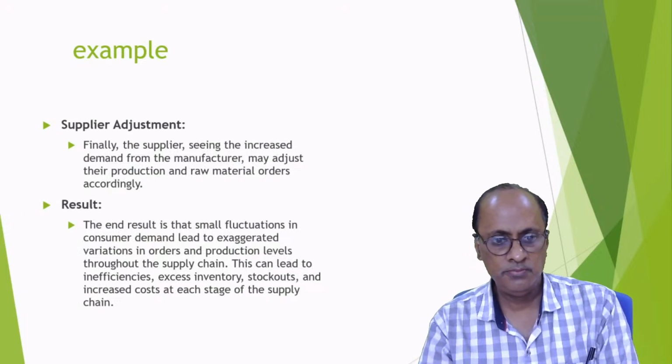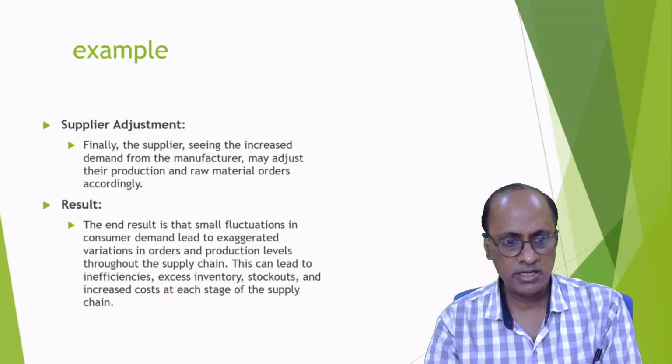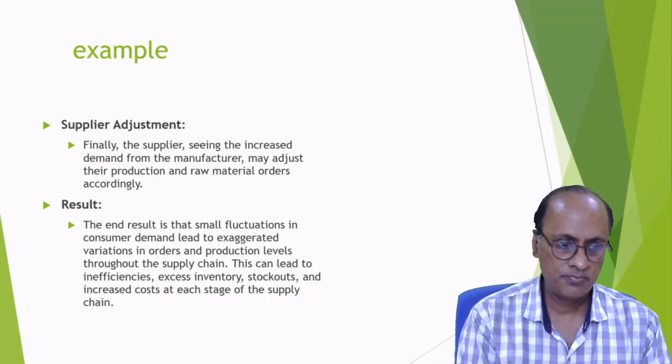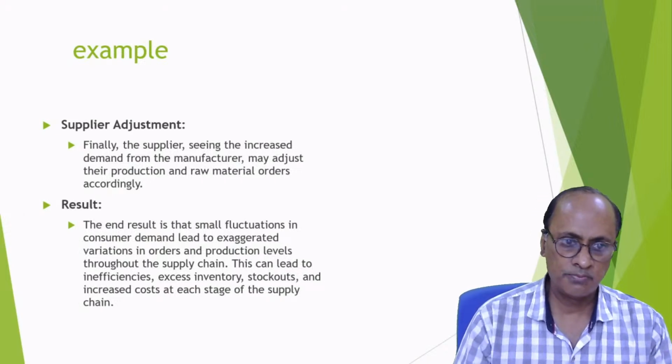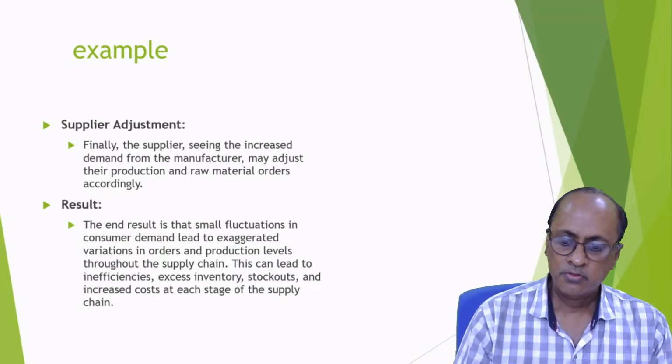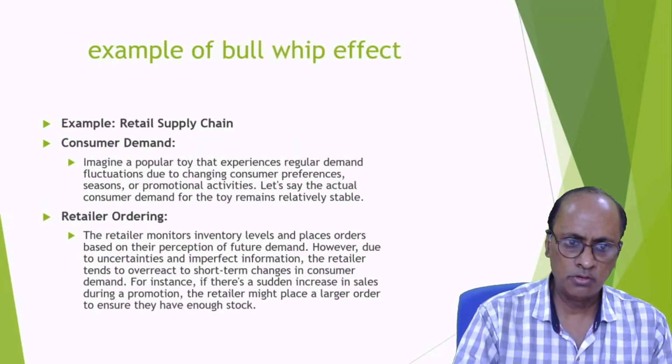So the fluctuation started at the retail stage. It passed on to the distributor or wholesaler. It is again passed on to the manufacturers, and manufacturers passed it on to the suppliers. So again, in the example, the toy is the product. There is a sudden increase because of advertisement. Then the consumers purchase more from the retailers. Retailers find there is an increase in demand.